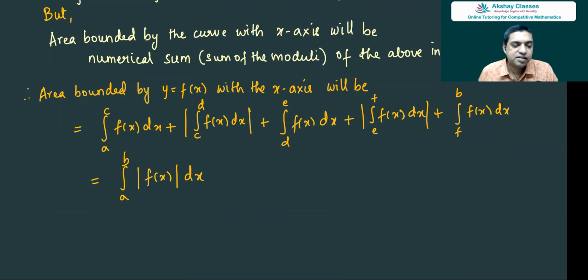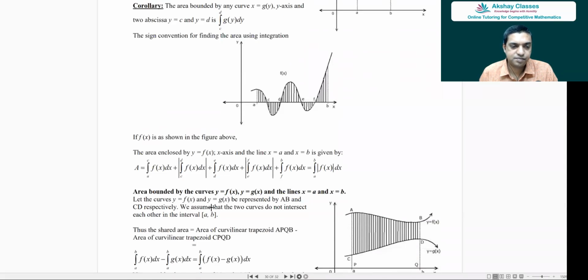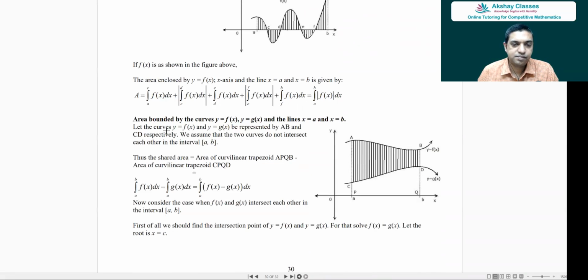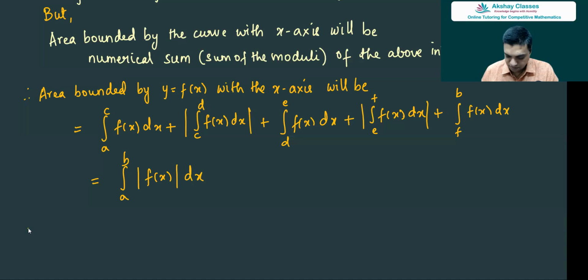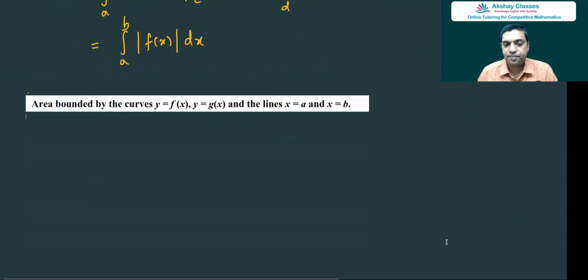Now, next is area bounded by two curves. So this is talking about area bounded by two curves.